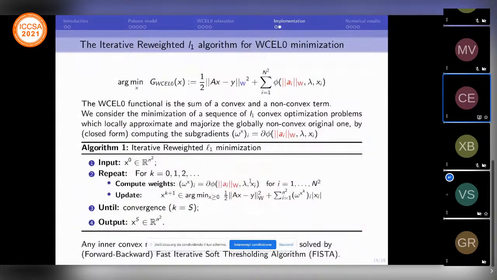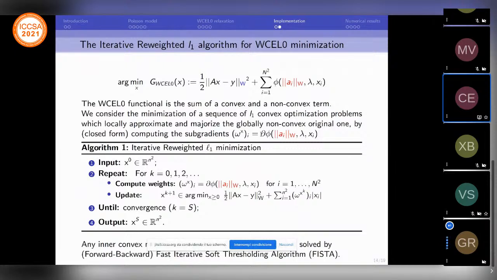The problem has to be solved by a strategy which is able to work with these penalty terms. The idea is to consider a sequence of L1 convex optimization problems which locally approximate and majorate the original one. We have a closed form computation for this differential.